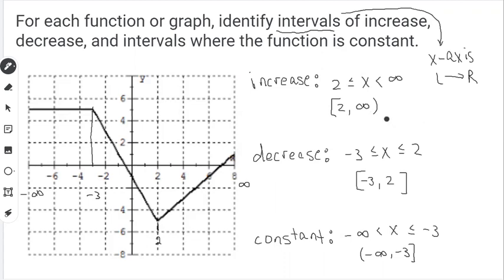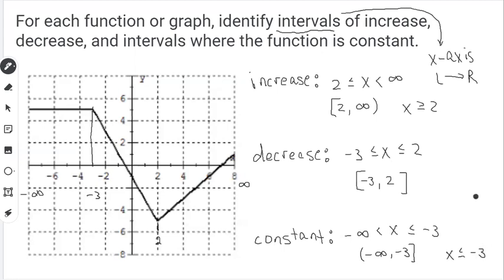So another way we can write this is x is greater than or equal to 2, because when x is greater than or equal to 2, the function is going up. So we call that increasing. So we can put that right there, and we can label the constant as x less than or equal to -3.